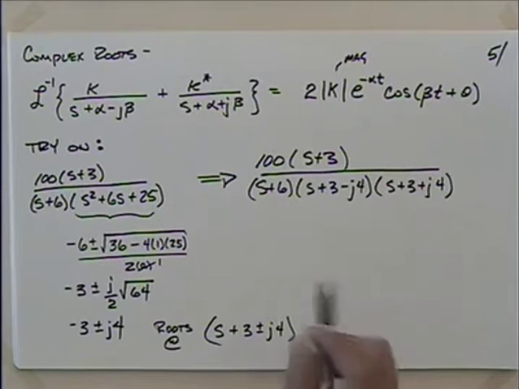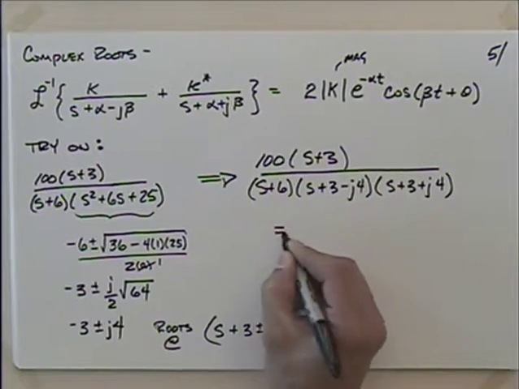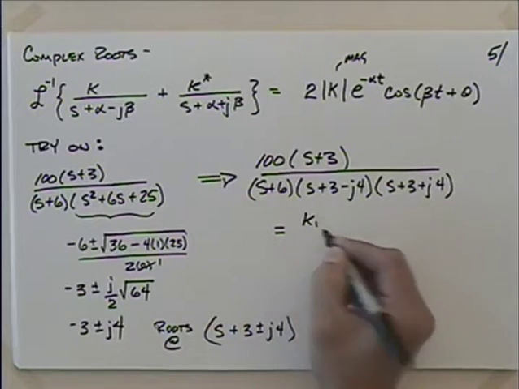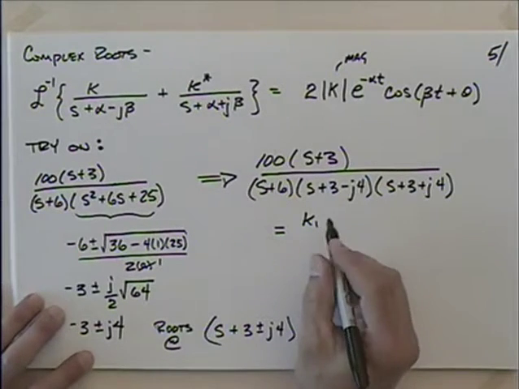Okay, so we're ready for partial fractions, right? So we can say that this thing is then equal to what? Maybe I'll use K. We could use A, B, and C. I don't know what they're using in math. Have they got that far yet? A, B, C? Okay, we'll mix it. I'll use K1, K2, K3.